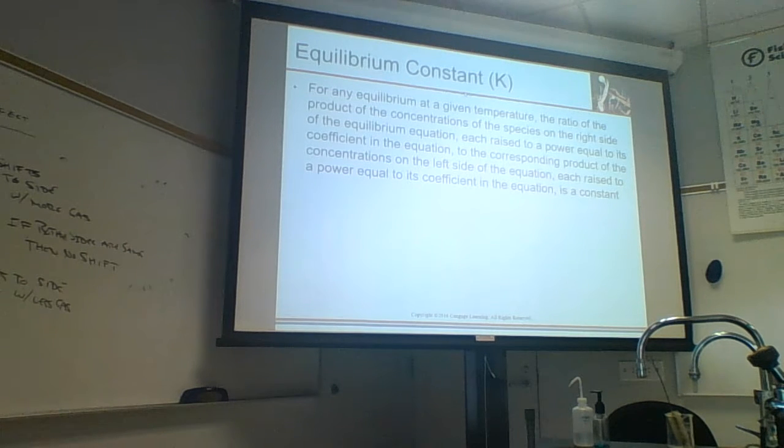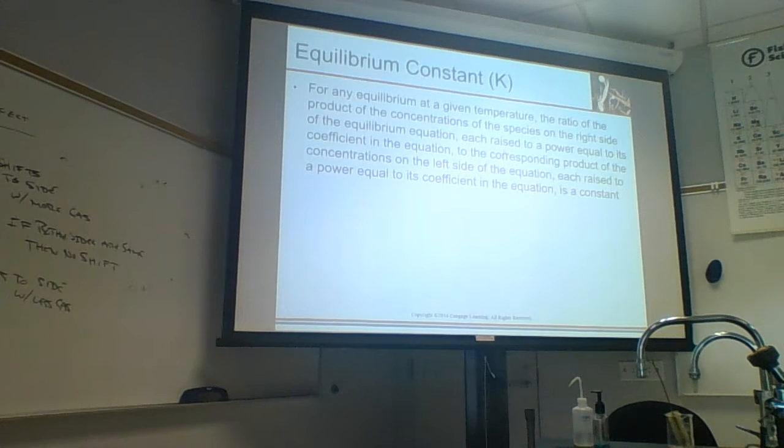And so what does this slide say? For any equilibrium at a given temperature, the ratio of the product of the concentrations of the species on the right side of the equilibrium equation, each raised to the power equal to its coefficient in the equation, to the corresponding product of the concentrations on the left side, each raised to a power equal to its coefficient, is a constant.